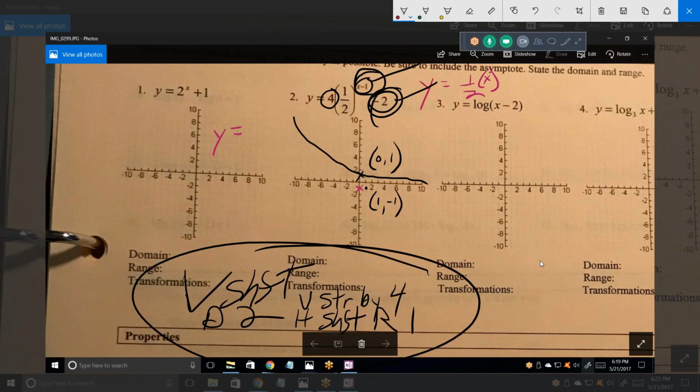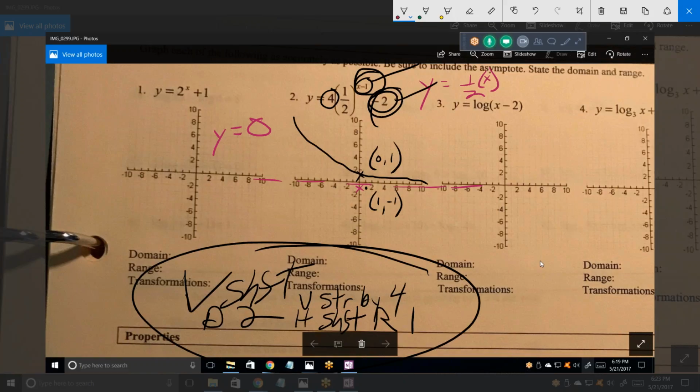Y equals 0. The equation of a straight line is y equals 0 for a horizontal line, or x equals some number for a vertical line. It's not a point, it's a line. In other words, there's the line y equals 0. That original function is asymptotic with that line.